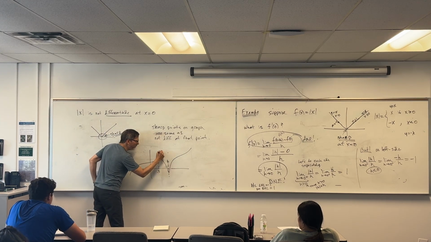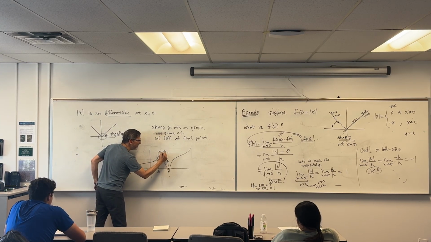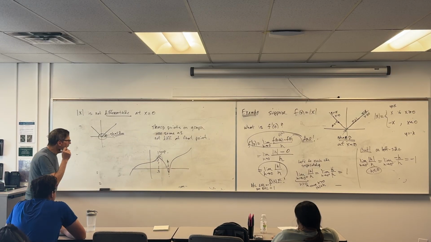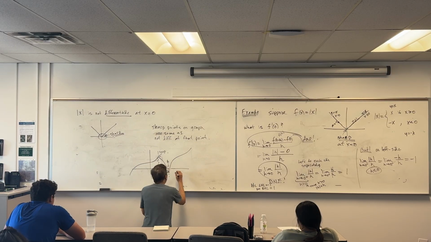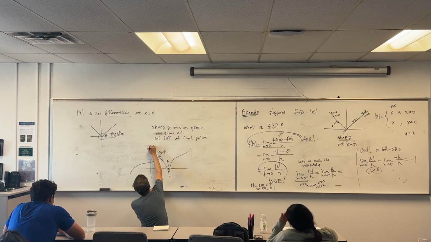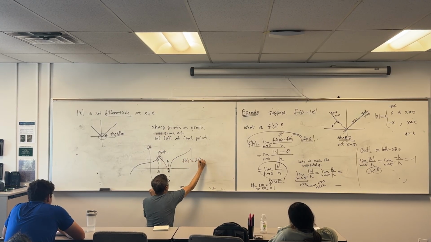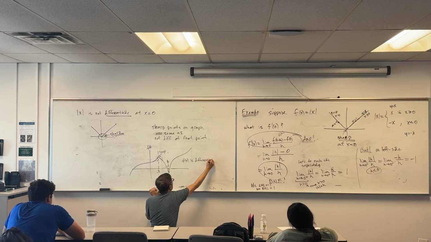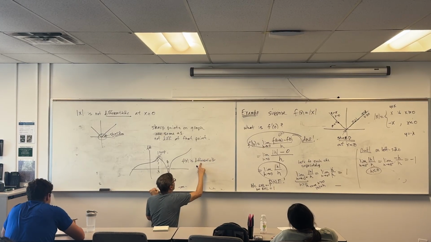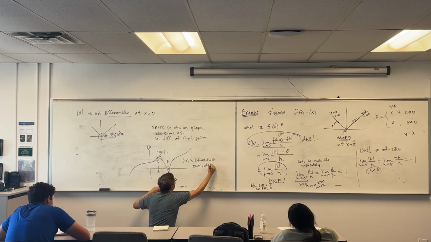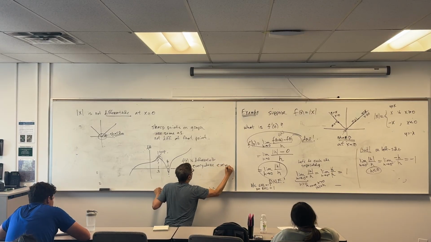These are called cusps. Those little sharpies like that. Cusp points. So here, this function f of x is differentiable everywhere except the sharp points.